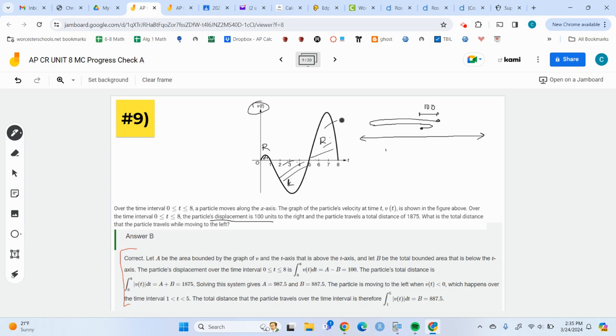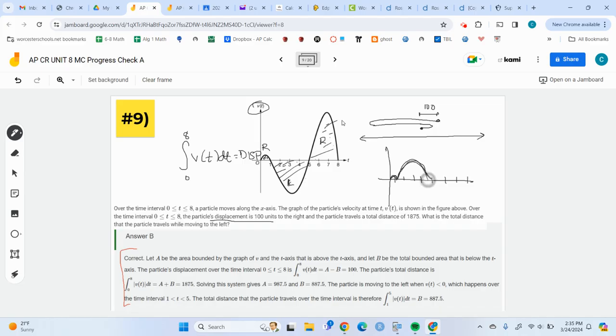So, okay, let's review something here. If I consider the signed area, including positives and negatives, from 0 to 8, the integral of velocity gives you displacement. If I consider everything being positive, that would be like this.